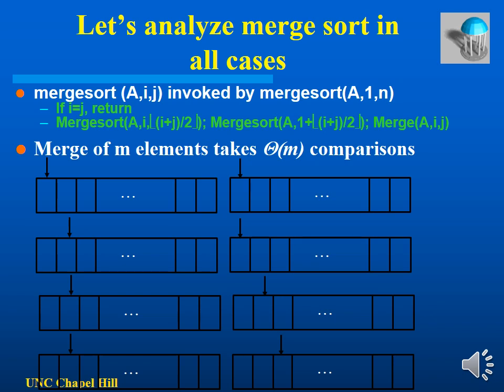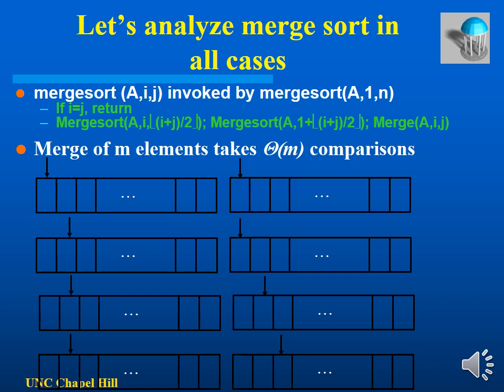That means that since there are m elements total, and we move one pointer, one element each time, there are m applications of this basic step, which is a comparison plus a pointer shift plus a write.